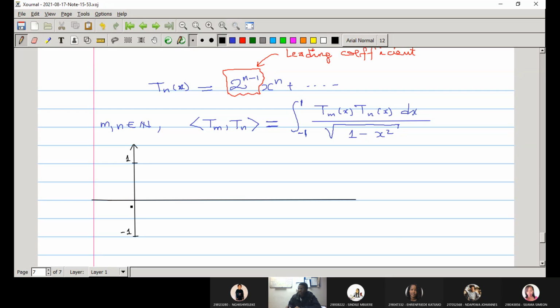And this is 0. Cosine at 0 is 1. We know that. If you don't know, I'm informing you. So it will go like this. It will decrease.